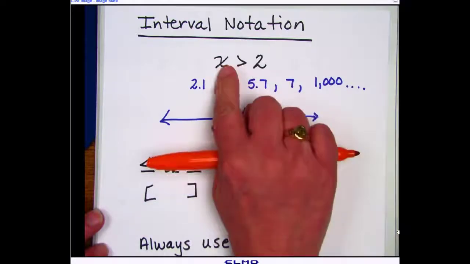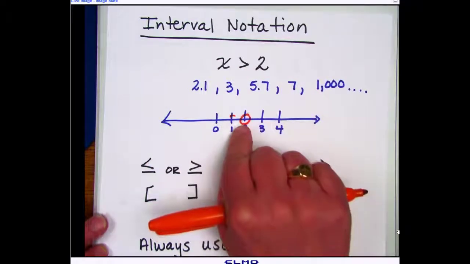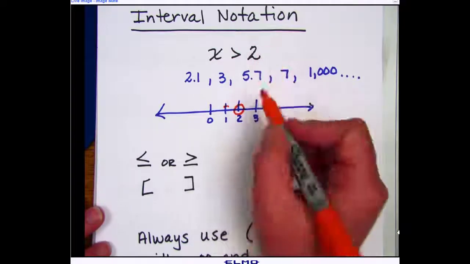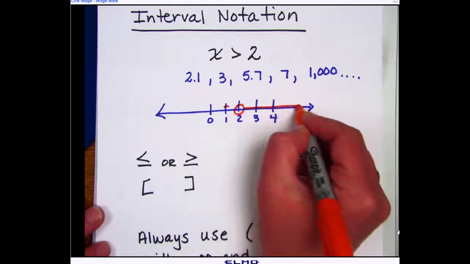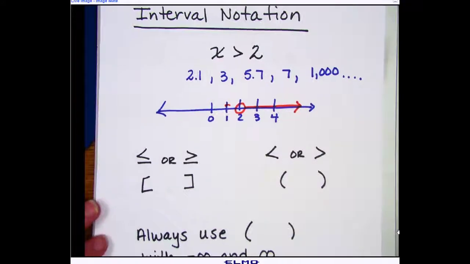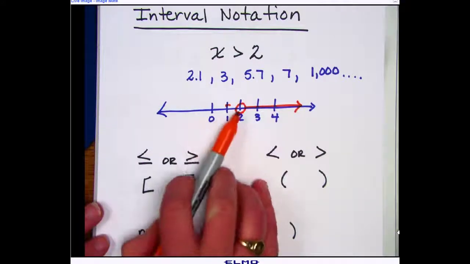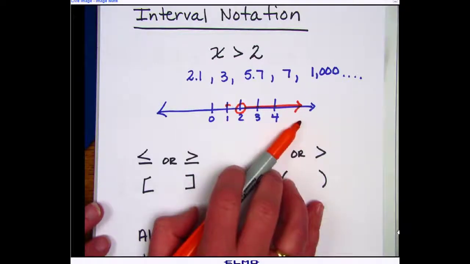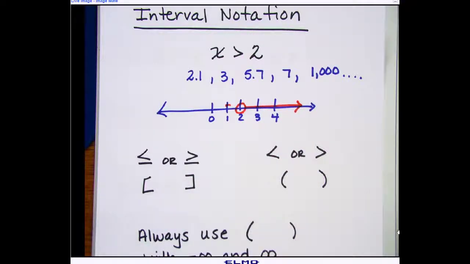In other words, 2 is not greater than 2, so 2 would not be a solution. And now this says x is greater than 2, so that would mean any value going this way. So I could graph it on the number line this way to indicate it's any value greater than 2, or I can use interval notation.